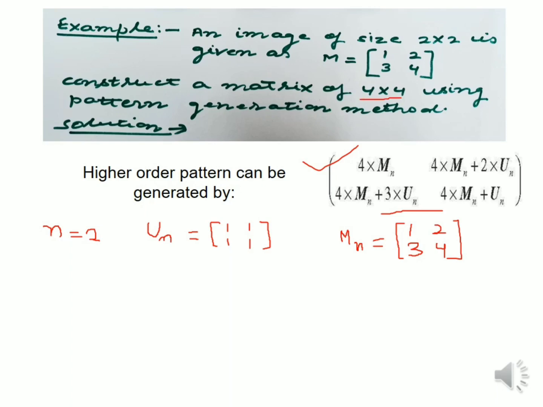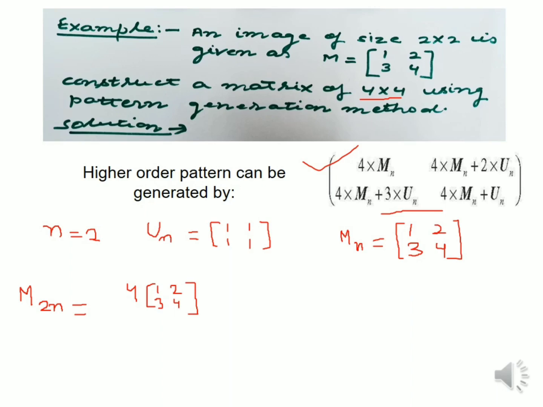So we may write M of 2n is equal to 4 cross Mn, which is 1, 2, 3, 4. This will be the first component.